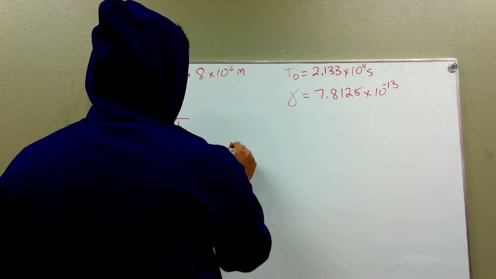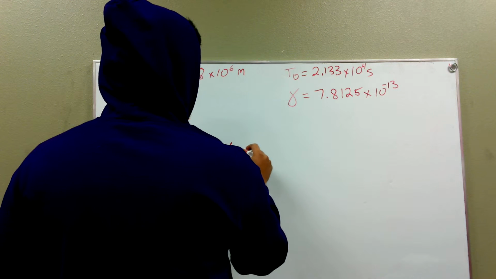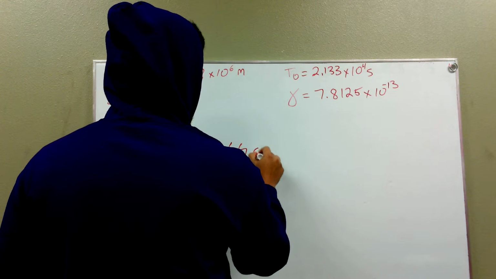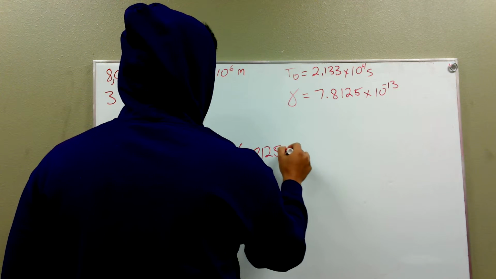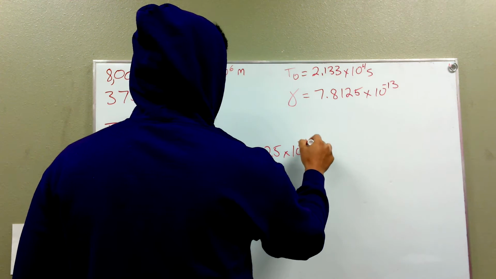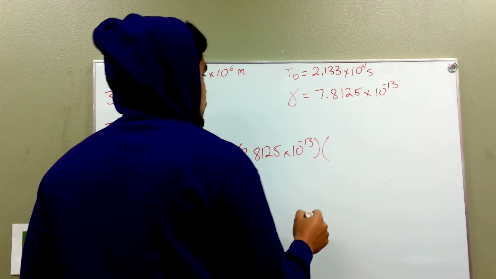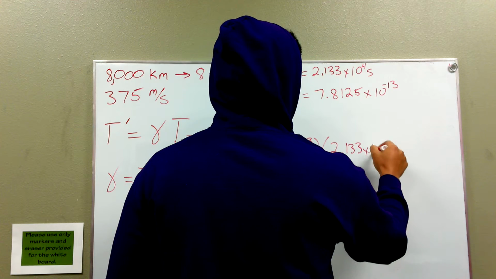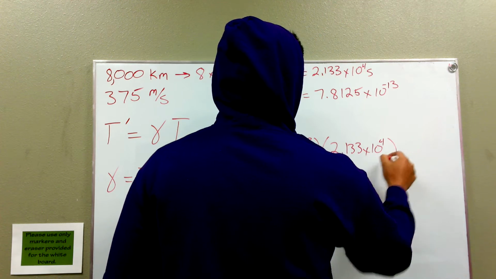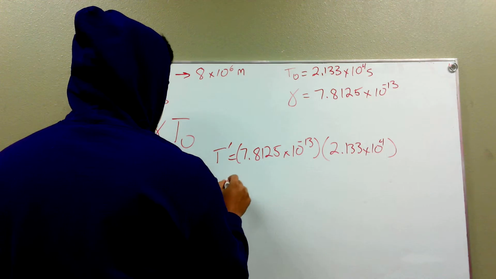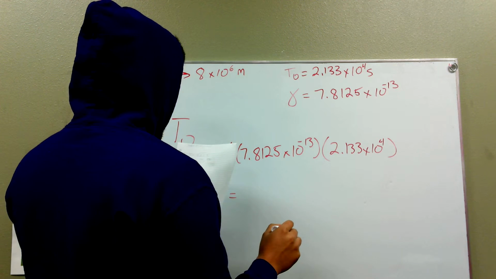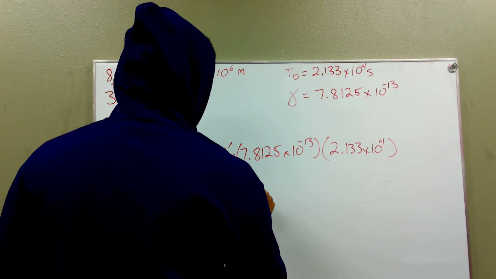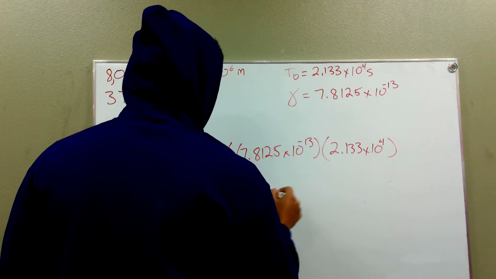So T prime is equal to 7.8125 times 10 to the minus 13, and we're multiplying that by 2.133 times 10 to the 4th. And when you do all that lovely math, you end up getting 17 nanoseconds.